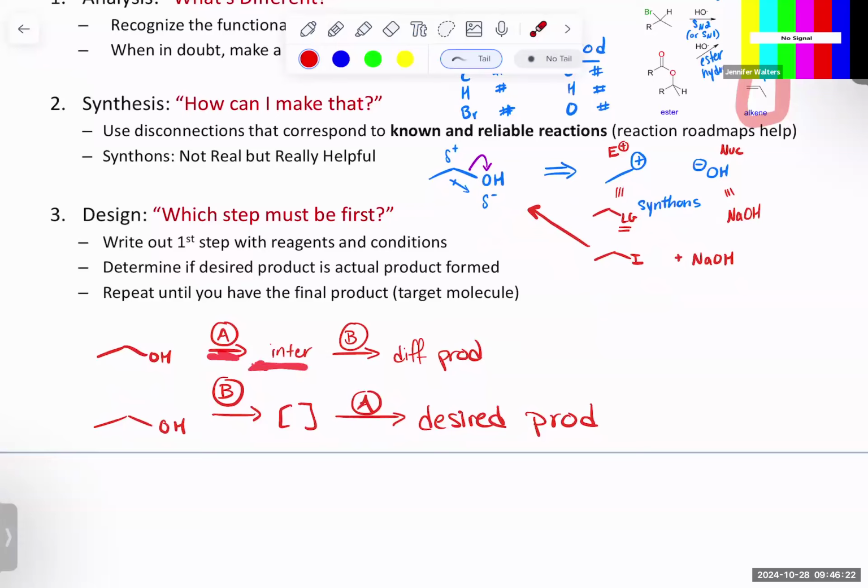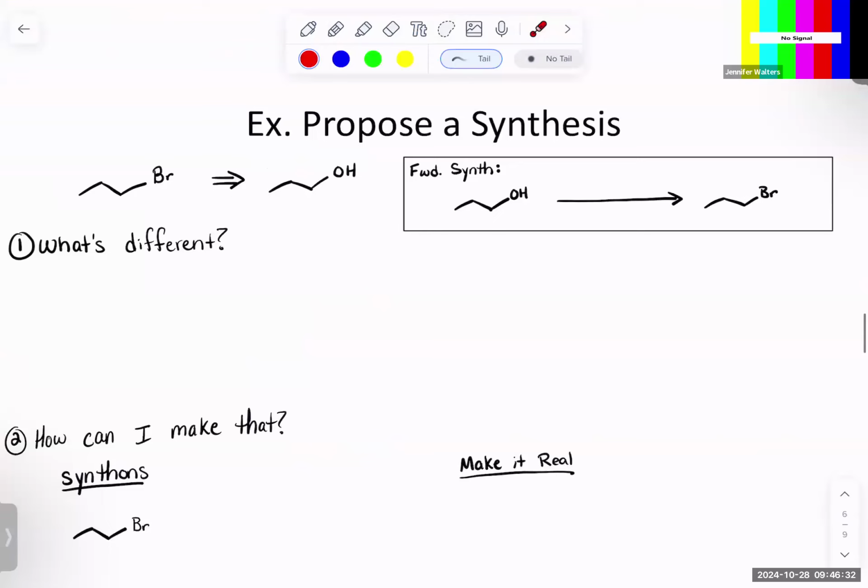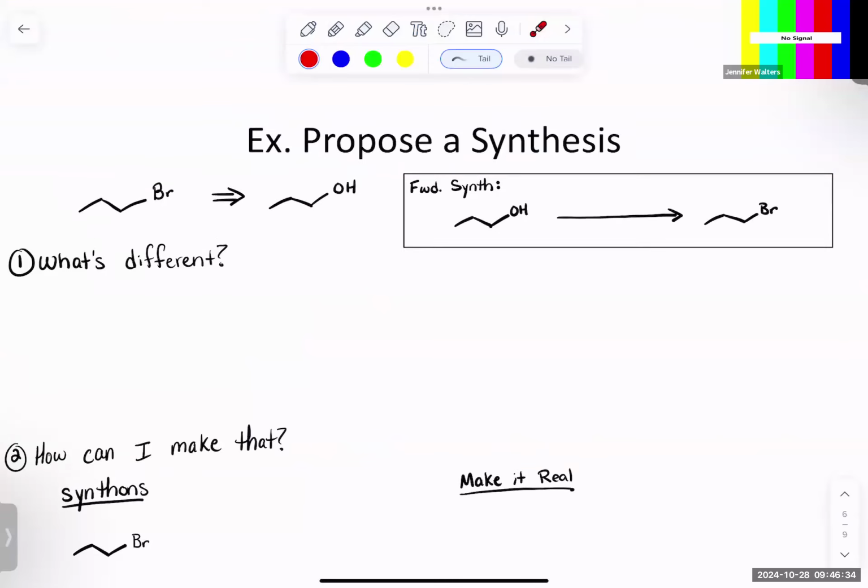Just pick one, see what it does, and then see if you do the other step, does it give you your desired product or not? If not, just switch them up and then check yourself again. All right, so we're going to do that process here. We're going to propose a synthesis to get from the alcohol to the bromine. Remember that when you have your retrosynthesis arrows, your product is at the beginning, your starting material is at the end.